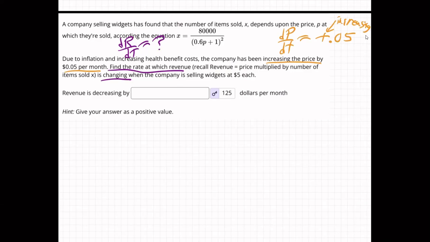So then I'm going to have to write a revenue equation. What is revenue equal to? Well, it says right here, recall the revenue is equal to price multiplied by number of items.